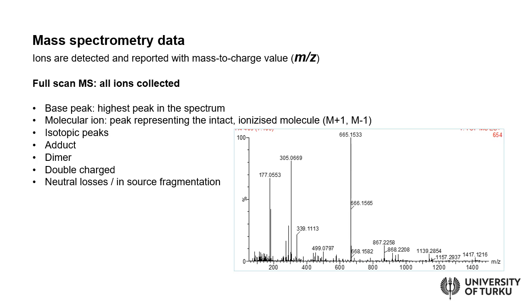For example, formation of a sodium salt is very typical, so that it is taking not only the proton, but it can, for example, be ionized with sodium, so that you have a sodium ion added to the mass. Or in negative form, it's typically a chloride ion or something. So you can have various different adducts.